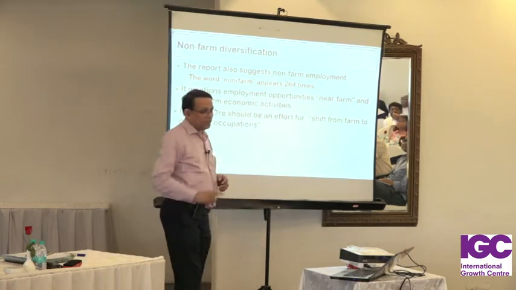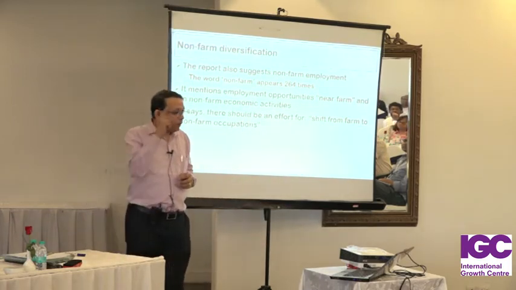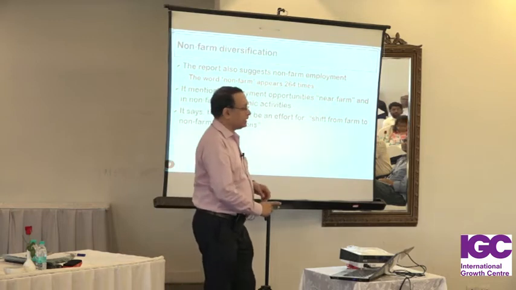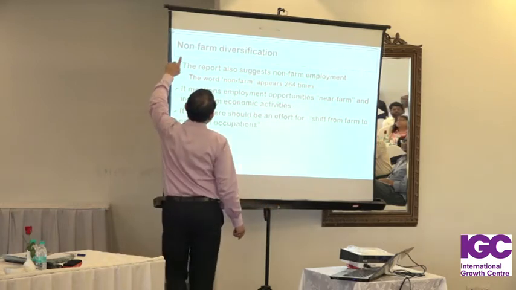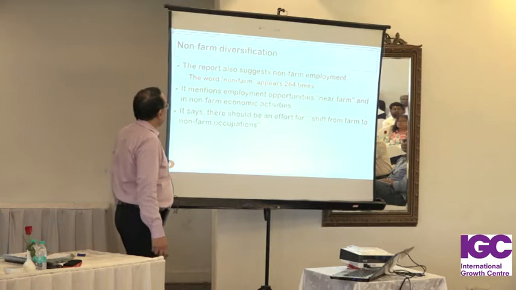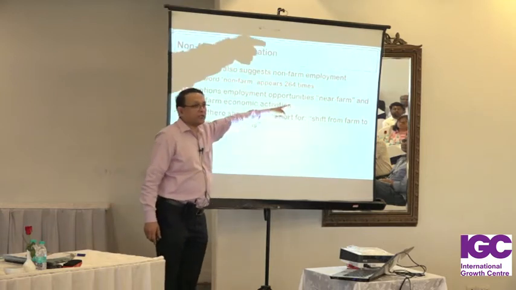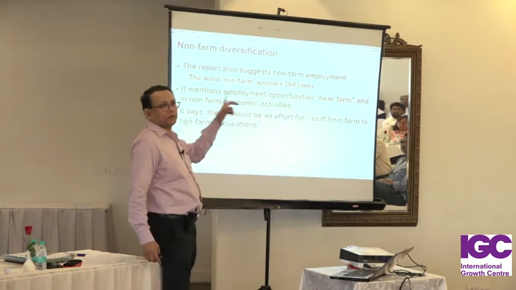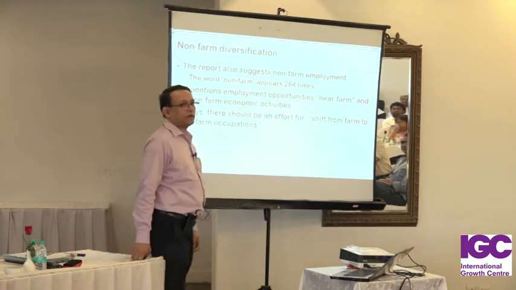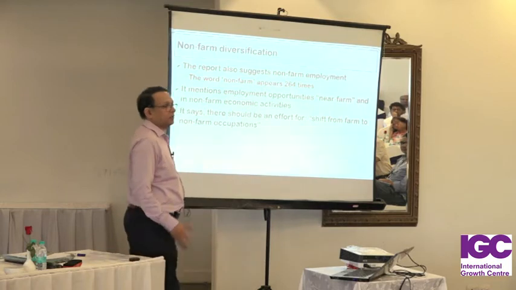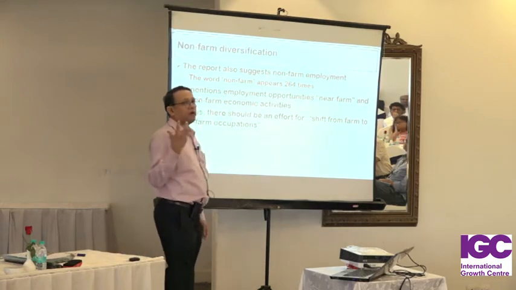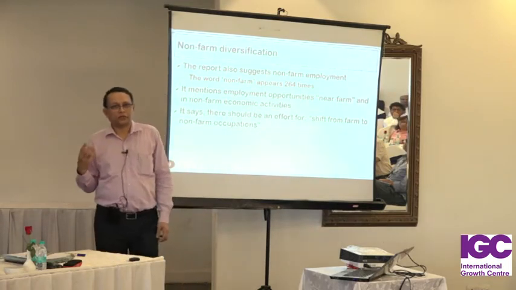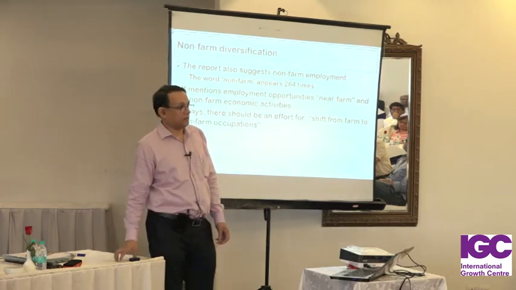But that's on the farm side. They also talk about, in this committee, non-farm diversification. Okay, and the word non-farm appears 264 times. It's not that they are blind to that. They are very, very conscious of the potential for non-farm as a source of income for farmers.